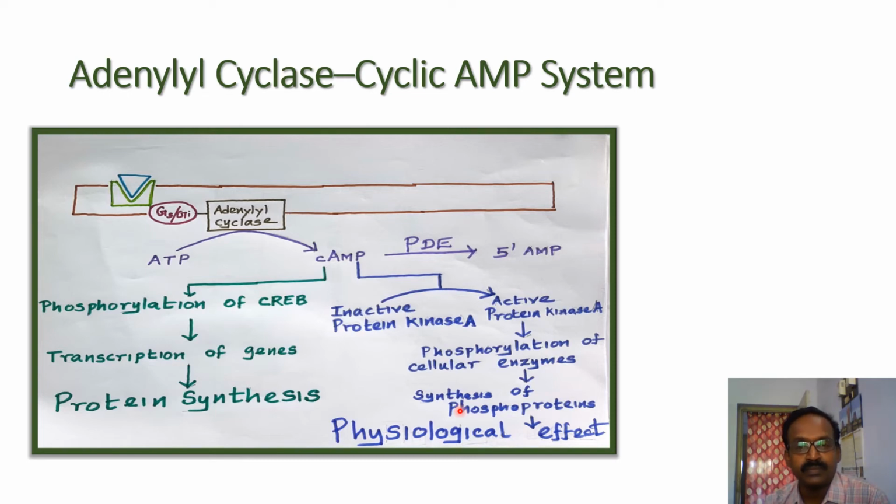At the same time, the protein kinase produces the phosphorylation of the cyclic AMP responsive element binding protein into the nucleus. It produces the transcription of the genes. It produces the protein synthesis and produces the physiological effect. So this is the adenyl cyclase cyclic AMP system.